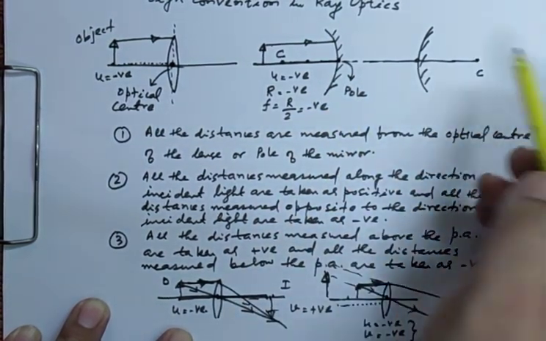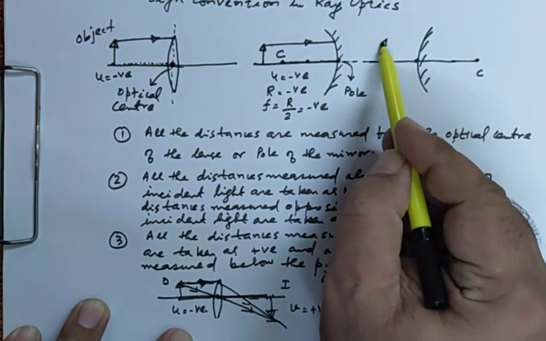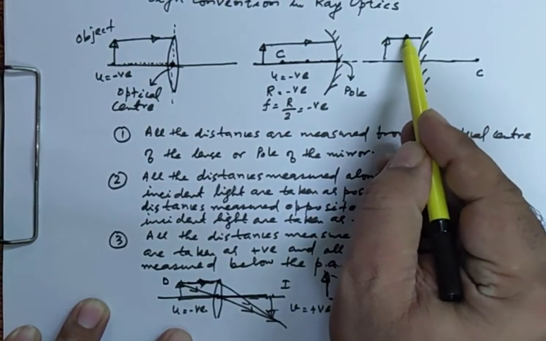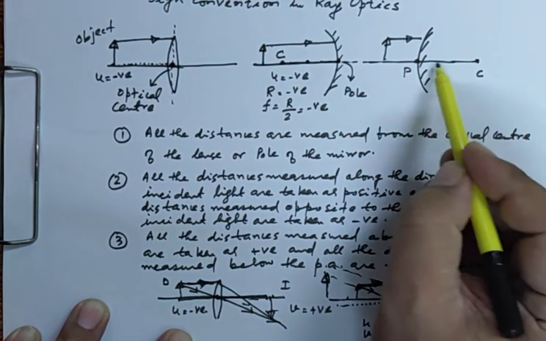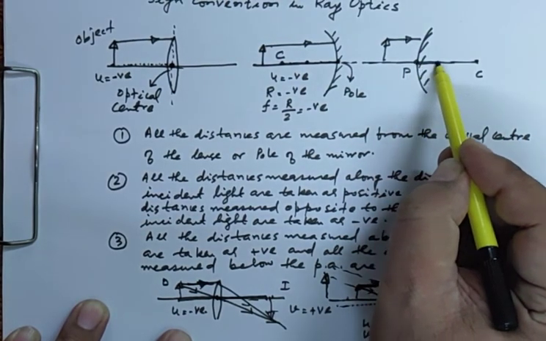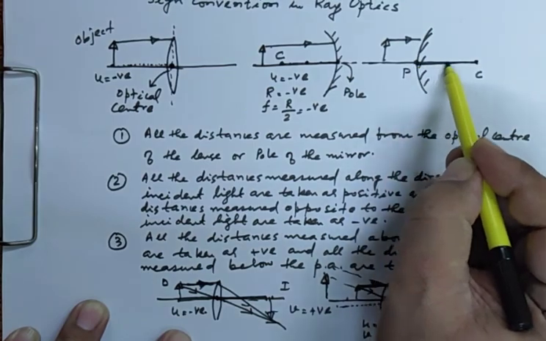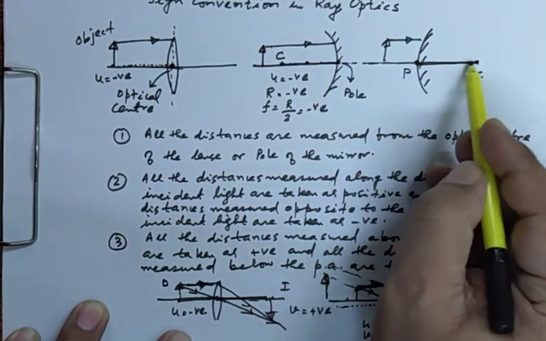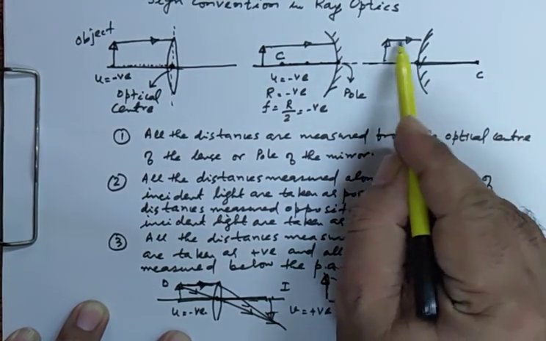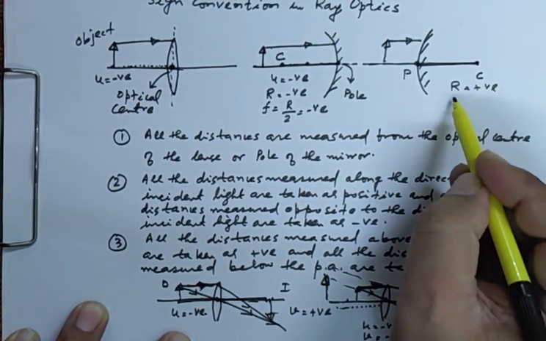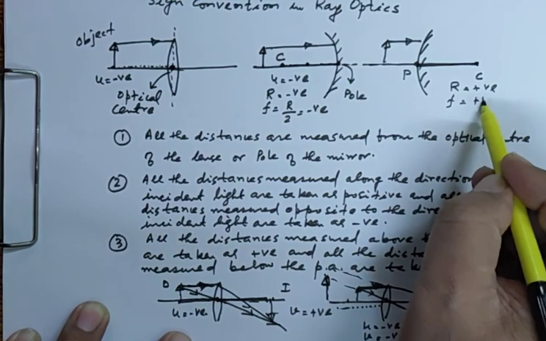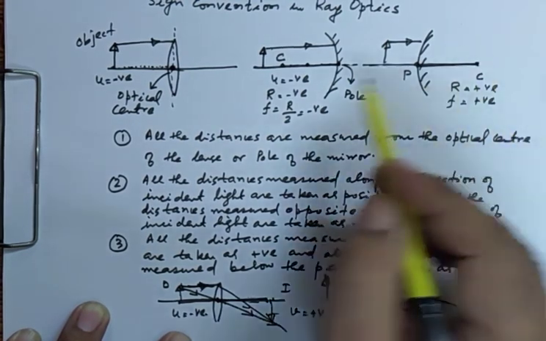In the case of a convex mirror, if I put an object over here, I will measure the distance from the pole. For the radius I will move from the pole to the center. So I am moving along the direction of incident light. So in this case r is positive. So the focal length of this mirror will also be positive.